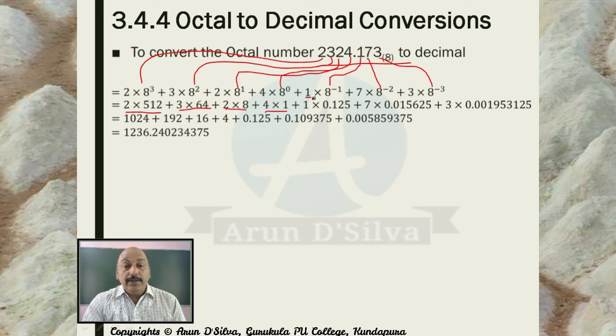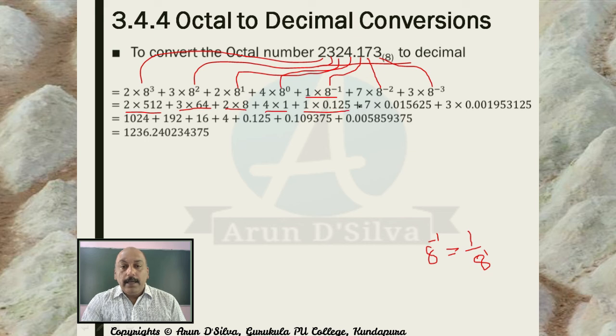Now 1 into 8 to the power minus 1. As I told you, 8 to the power minus 1 equals 1 by 8 to the power 1, which is 1 by 8, equal to 0.125.